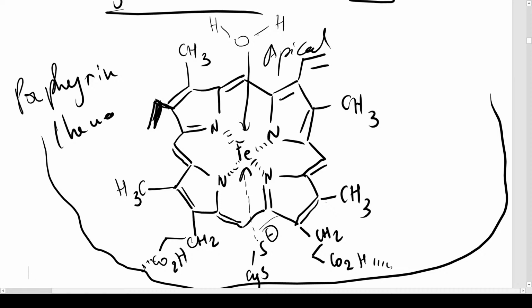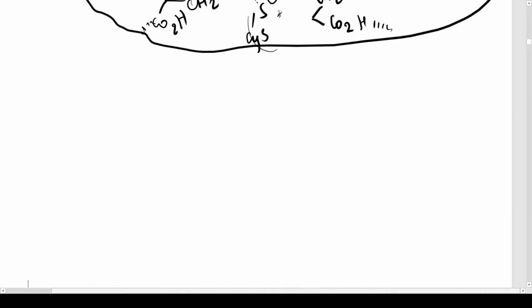This cysteine is very important. It gives some electron density to the iron. Here it's an iron free at the native state. All right, so we represent it as follows.